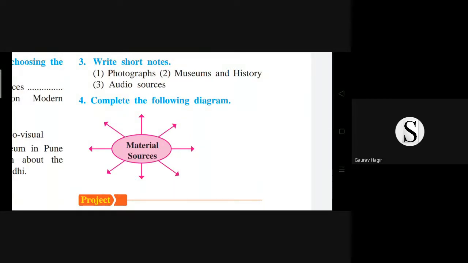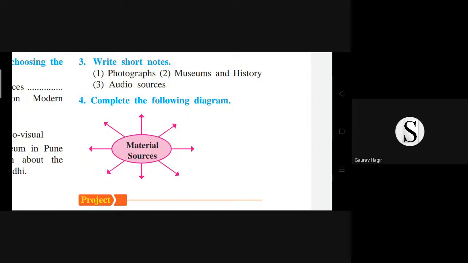Audio sources. Answer: Recording is a form of audio source in history. The discovery of the technique of recording was very important. Akashvani audio tapes are considered important audio sources.